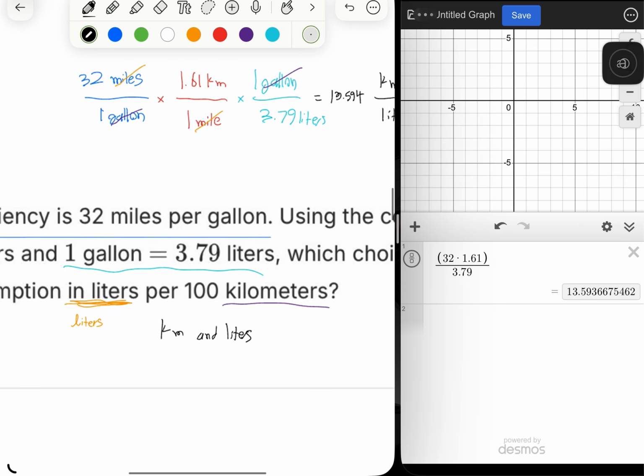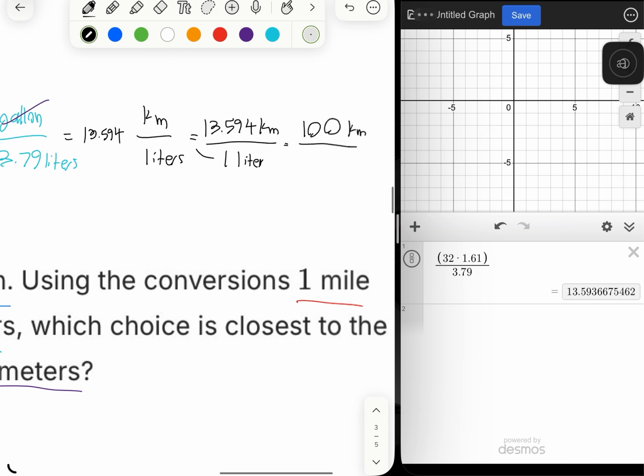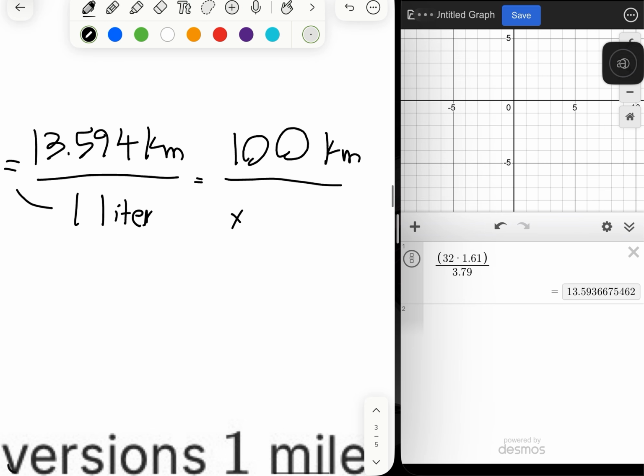And you know that you're trying to find the number of liters, so we're going to call that X liters. Now we're trying to find the value of X, so you can cross multiply.